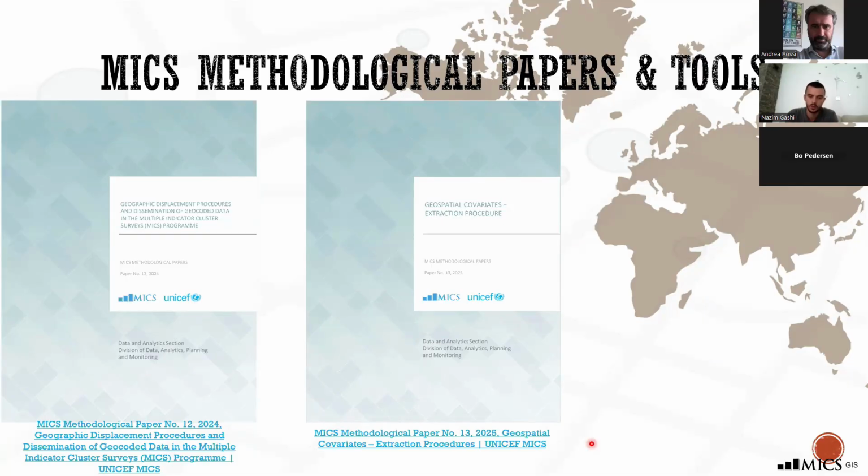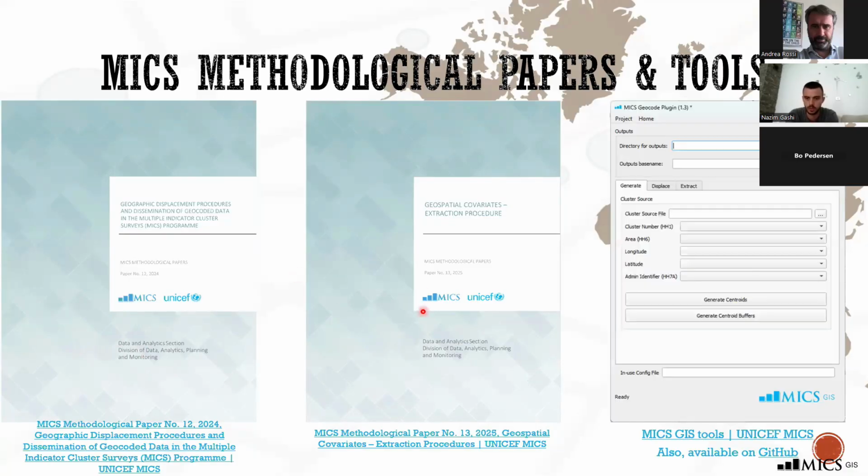There you have all the specifications on the data sources where we got the data, and what each indicator means, and so on. The first methodological paper was published last year, and this paper shows the procedure on the geographic displacement of the GPS datasets, so the MICS cluster locations. This was published in September last year, in 2024, and this one has been published just yesterday.